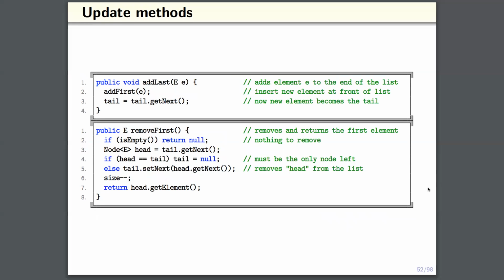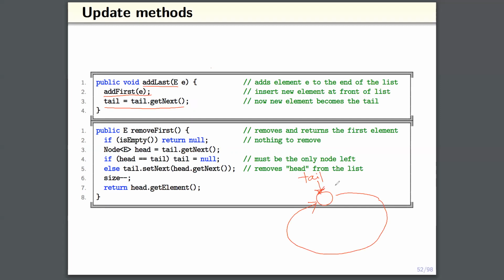Add last. This is another beautiful idea. Add last is add first, and then tail is equal to tail.getNext. How? Can you tell me how? This is your tail node, and you have the big list here. This is the last node, or the tail node.